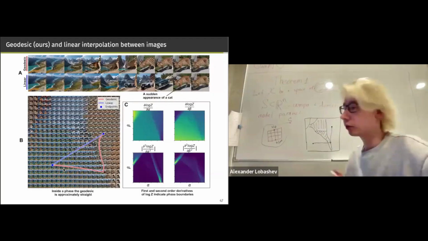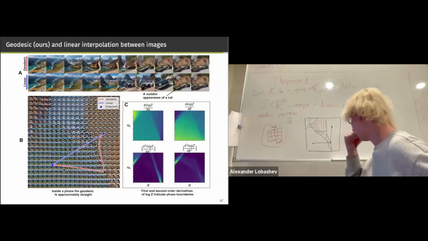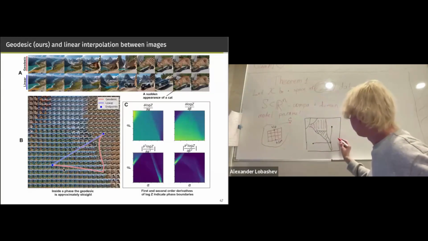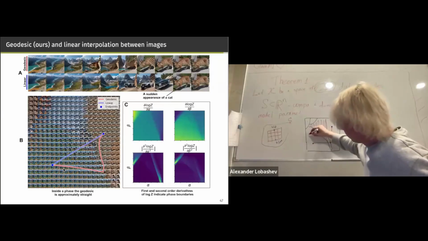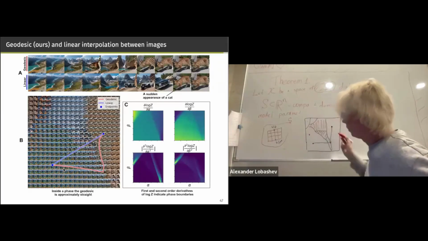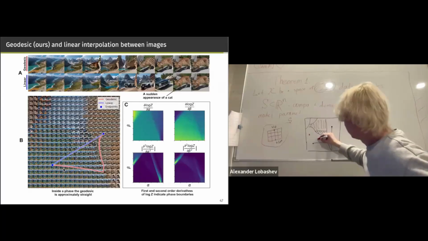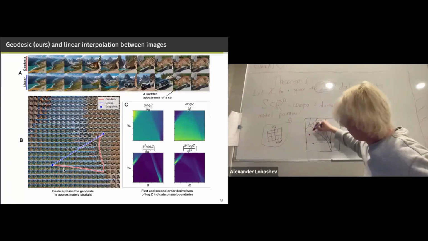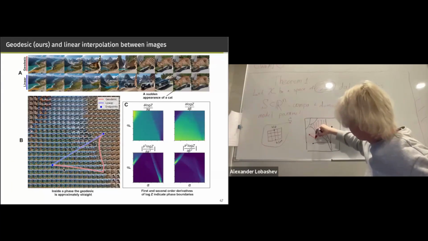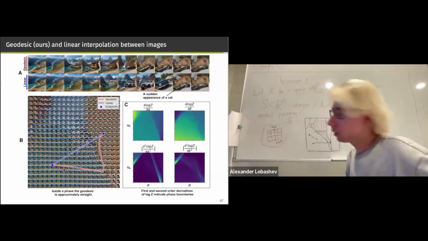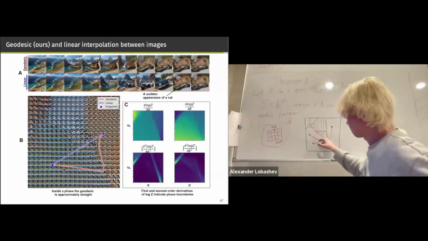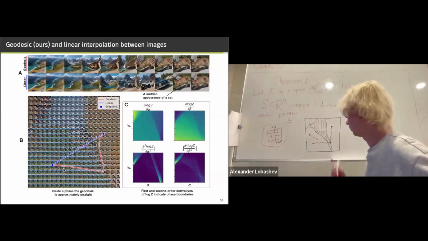So actually what happens in diffusion models is that for generative adversarial networks, we will observe behavior similar to the behavior inside a single phase. So we will have two images, a straight line in the space of parameters, and this will coincide with the geodesic.